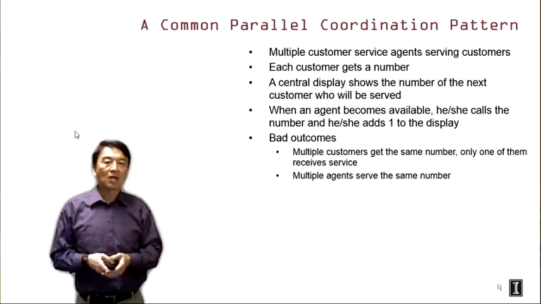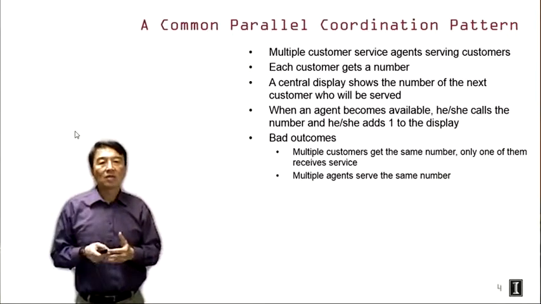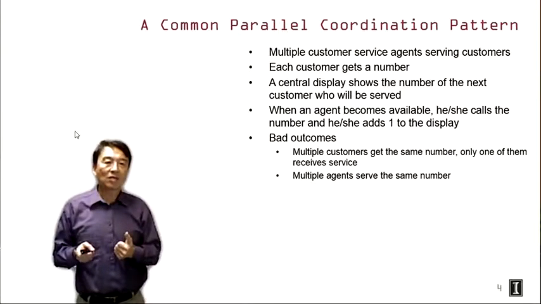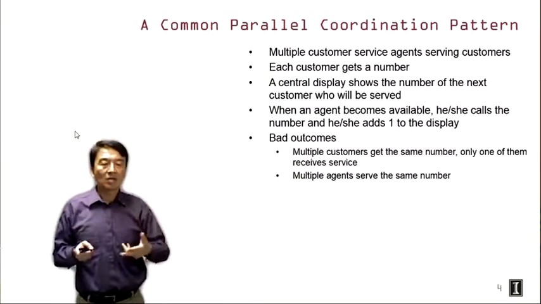Another common parallel coordination pattern is, let's say we have a customer service shop, like a cell phone company or some kind of customer service for some kind of merchandise.